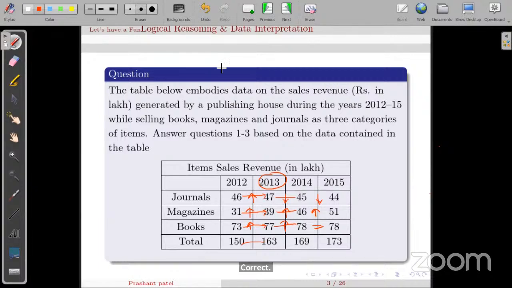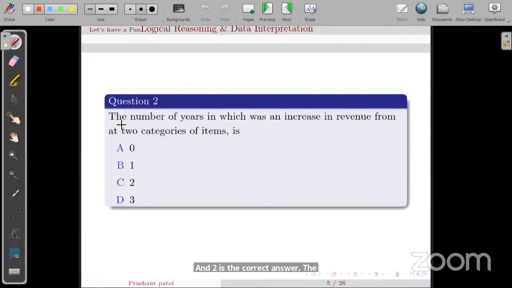Yeah. So many of the students are writing the answer, and 2 is the correct answer. The question was the number of years in which, so you have to find out how many years the revenue at 2 categories of items is increased.